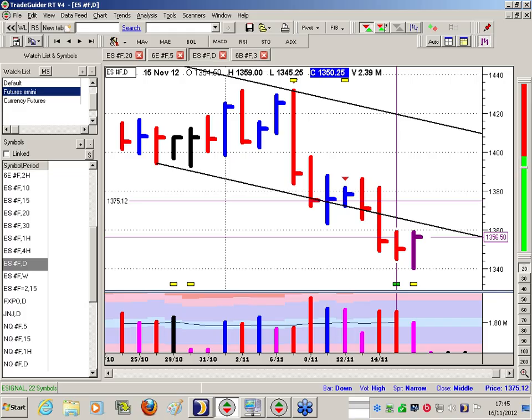Yes, when you see a principle like no demand, or one should be there, that's why it's a good idea to check different time frames. So I think I showed you last week.